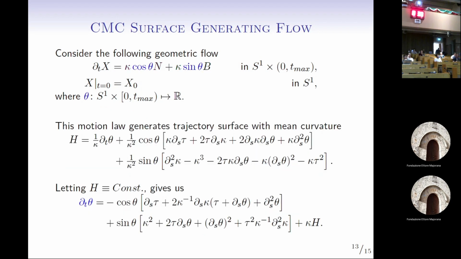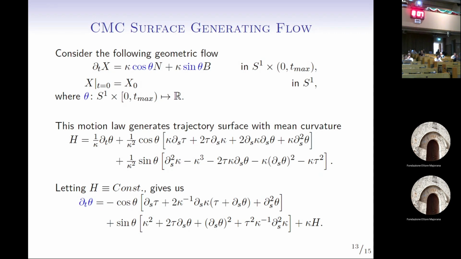And here there is some additional parameter which we can look at as an angle. Again, if we go through the geometry of the surface that's generated, we can get an equation that dictates how this parameter should change in time.